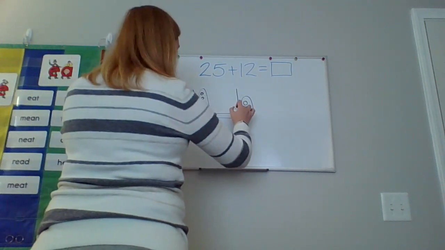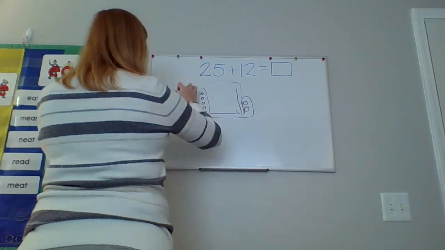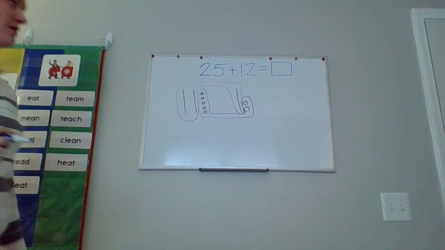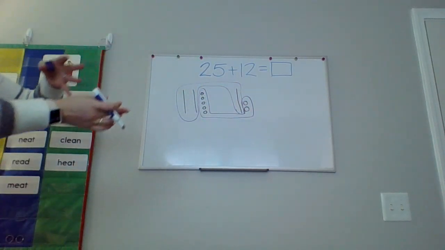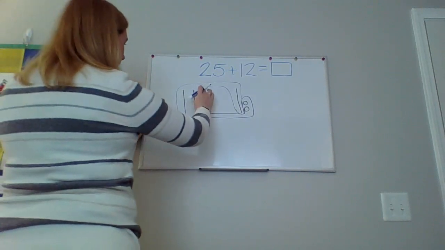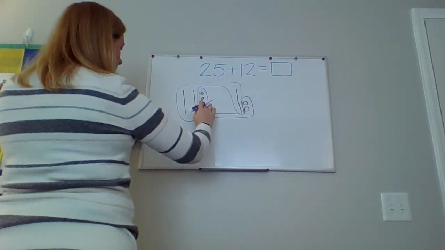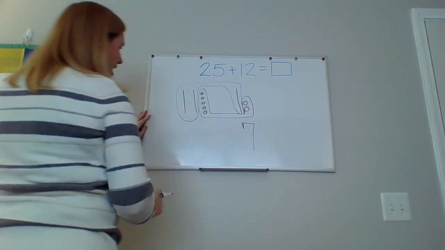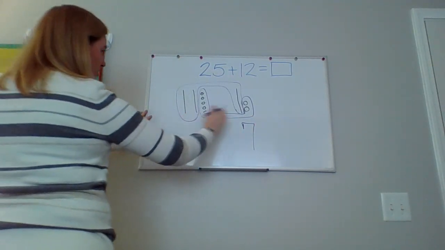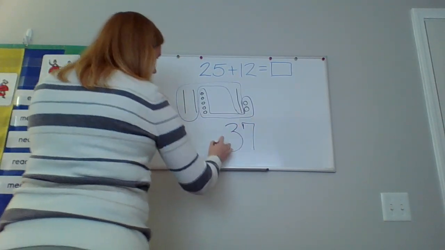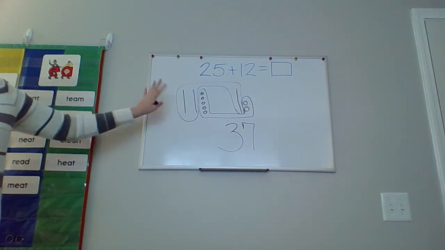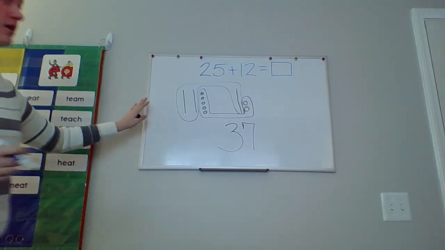Then they take your tens and draw them in a group together and make like a puzzle. And then they count their ones. 1, 2, 3, 4, 5, 6, 7. And then they add the tens. 1, 2, 3. But do you see how this could hurt your brain? I think this way is going to hurt your brain, but if it doesn't, use it.